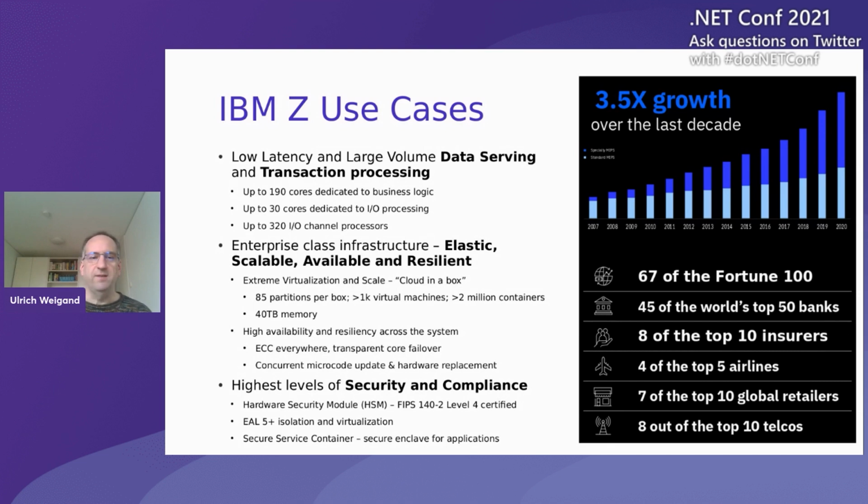But then there is also the scalability and reliability of the system that makes it predestined for applications that are really mission critical. Like you don't want your bank transactions to go wrong or your credit card transactions to be missed somehow. And the IBM Z hardware is designed from the ground up for high availability and resiliency.